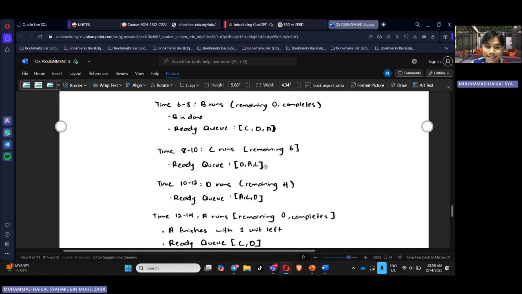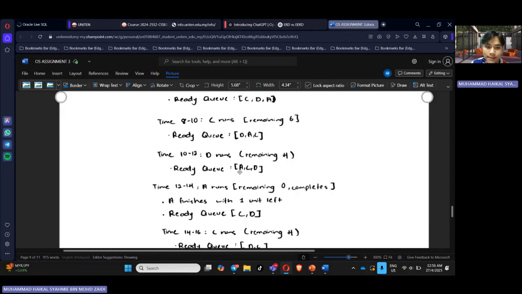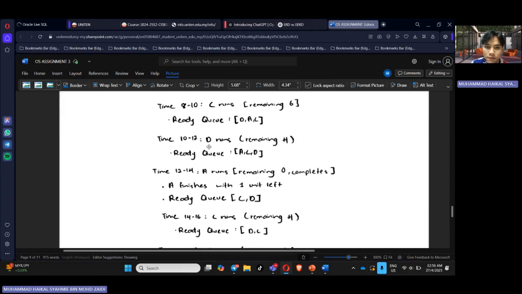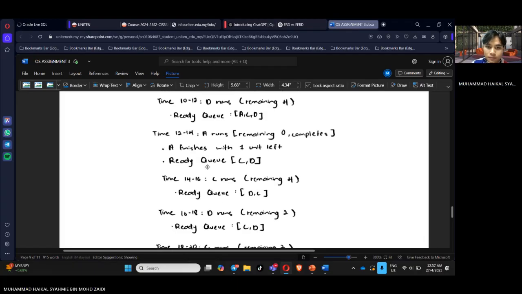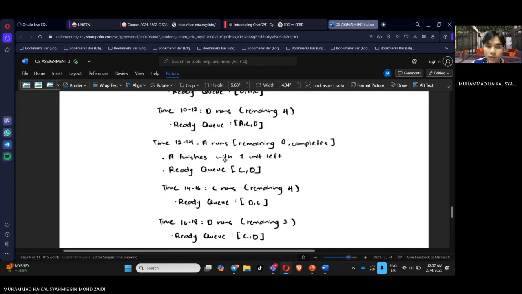So the remaining for the C is 1 and C queues after A, so D, A, C. And then time 10 until 12, D continues to run, and the remaining for D is 4, and then D is queued behind the C, and time 12 to 14, A is run, and remaining for A is 0, and then A finishes with 1 unit left. So the ready queue for the next round is C and D.